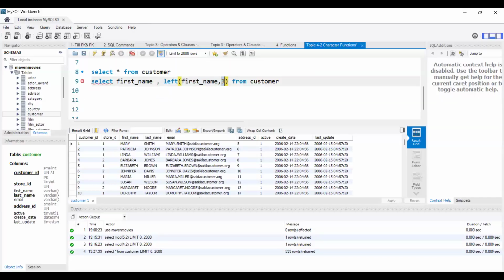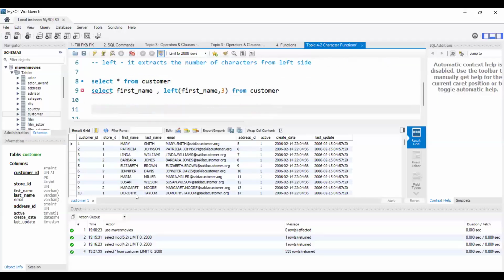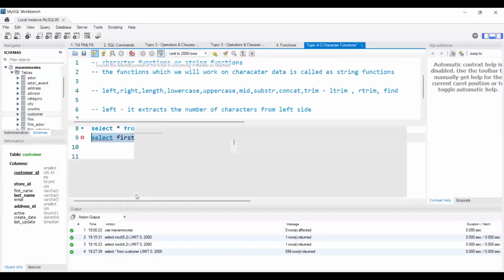If I use left of first name comma 3, for each row it will extract the first 3 characters from the left side as the output. So that number is the second parameter, and here I want the first 3 characters.